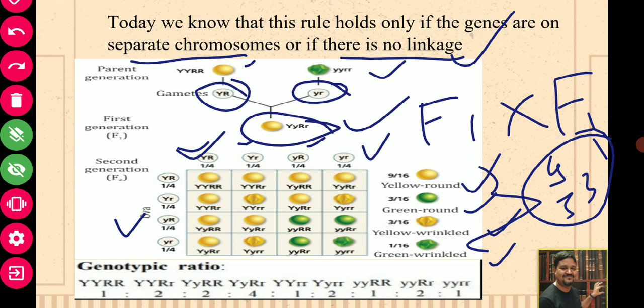And similarly he obtained the genotypic ratio, that is 1:2:2:4:1:2:1:2:1. This is the genotypic ratio he obtained while conducting the experiment for dihybrid.